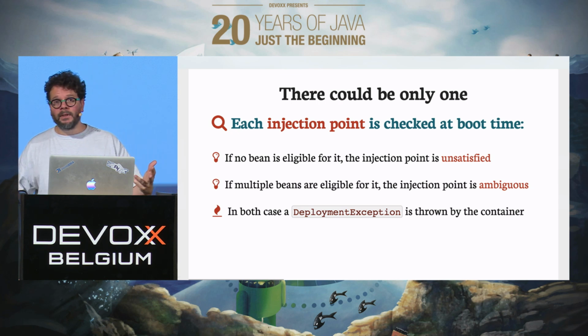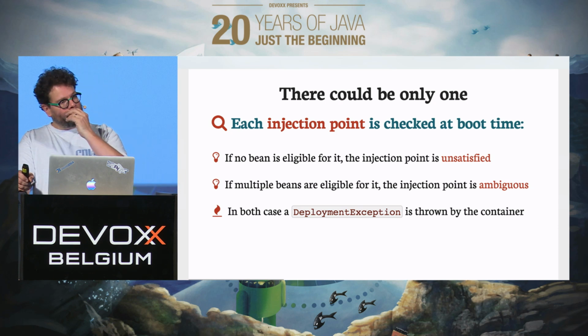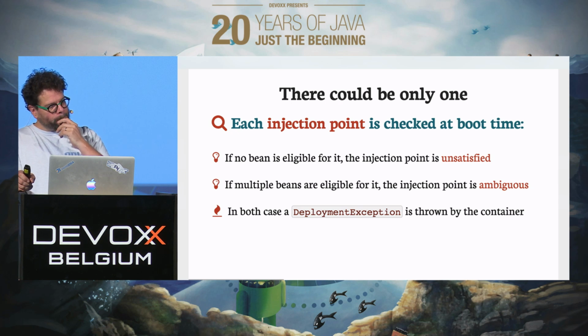If there are multiple beans that can be eligible for this injection point, it will be said ambiguous. And in both cases, you get a deployment exception at boot time thrown by the container. So the idea of CDI is to have a very type-safe and static approach.